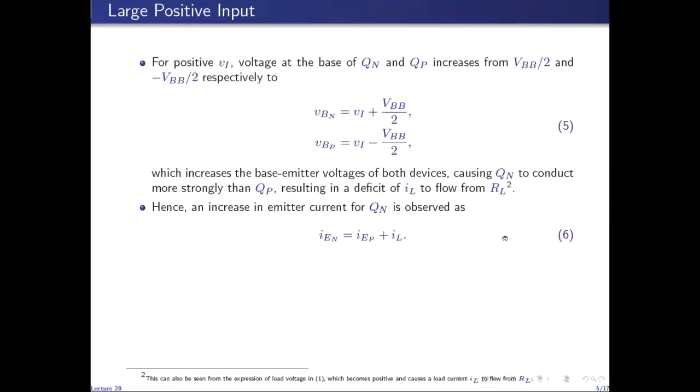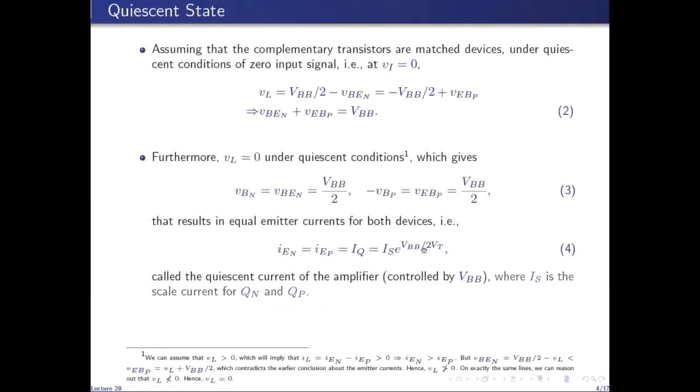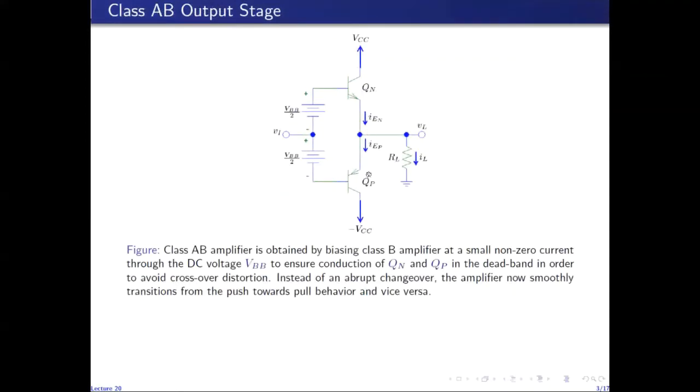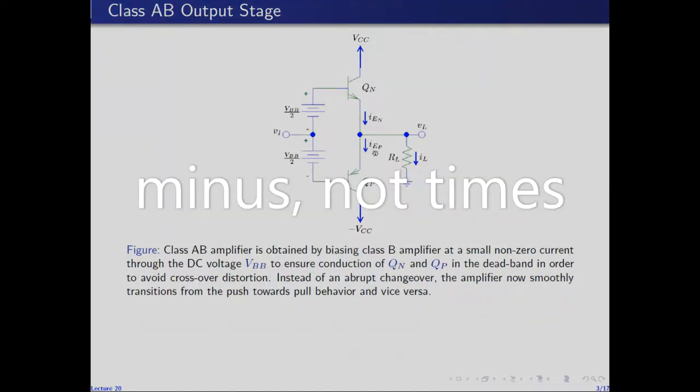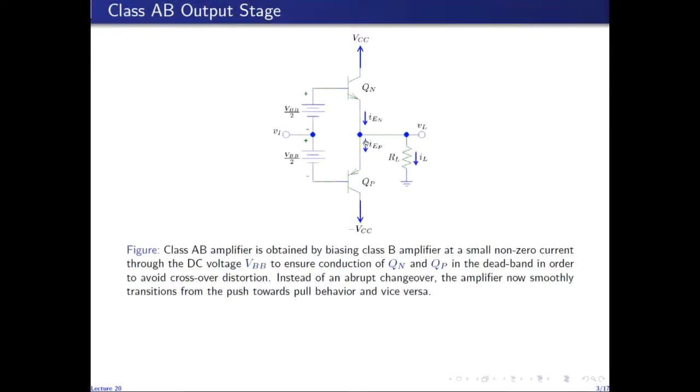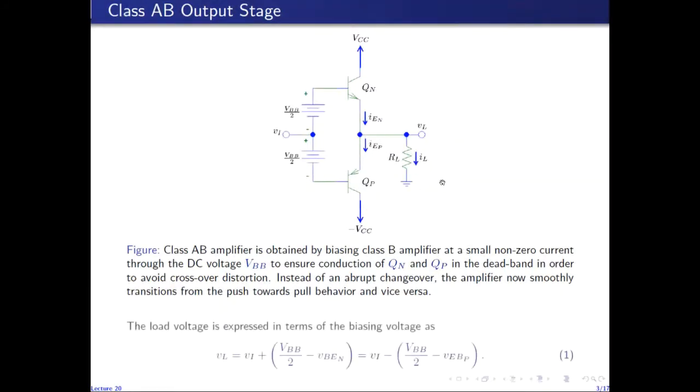As QN conducts more strongly than QP, IEN will increase, and since IEN is equal to IEP plus IL, previously these two currents were equal, so IL was 0. But now IEN is greater than IEP. So the extra amount of current will flow through RL. That is, IL will be IEN minus IEP. So the deficit in IEP will flow through RL as IL.